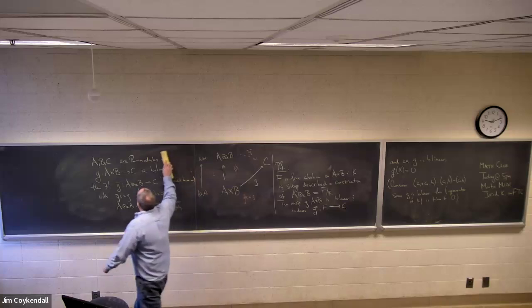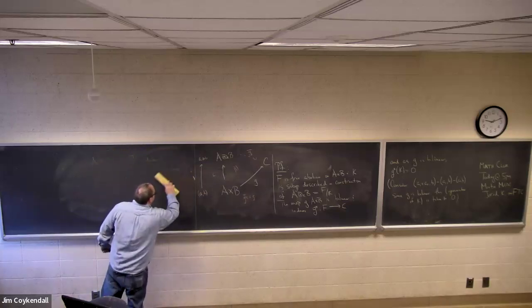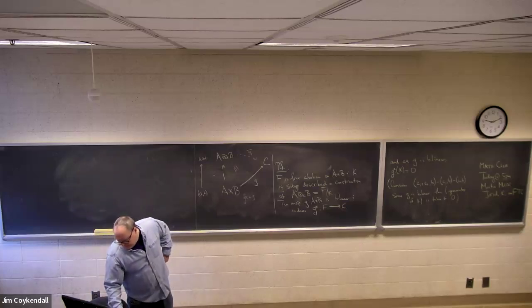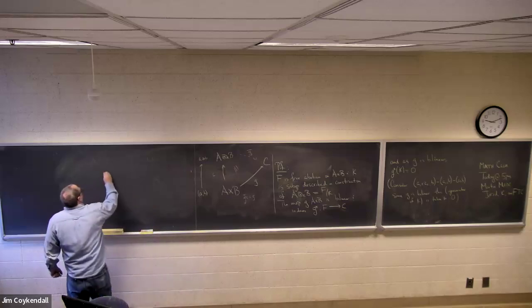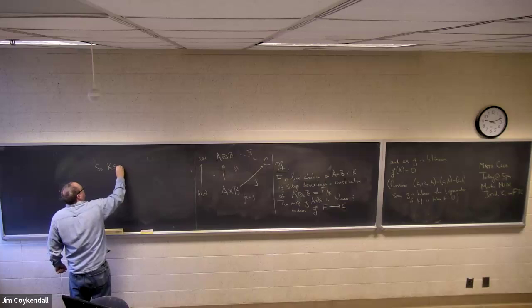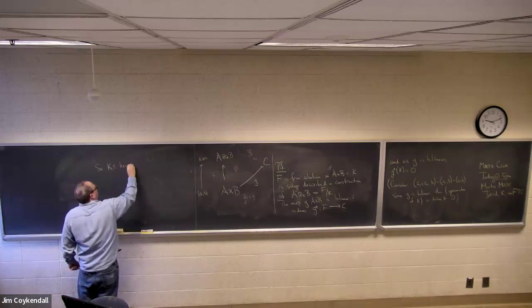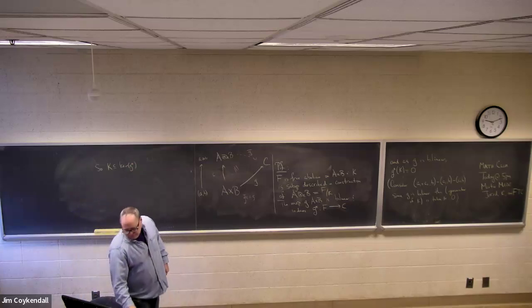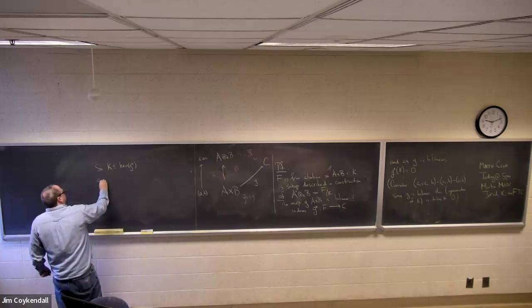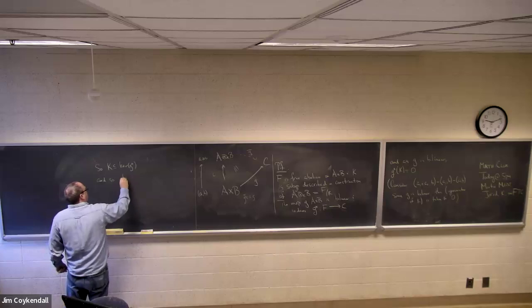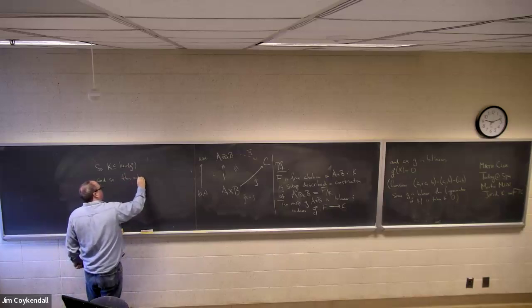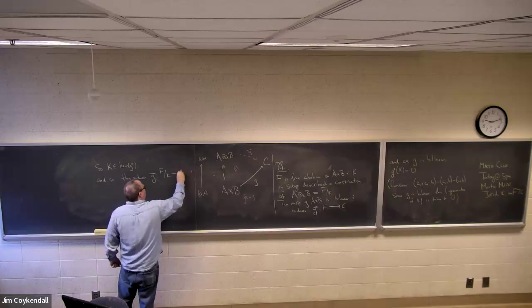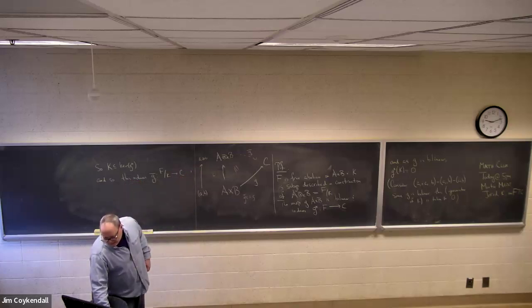And so, what does this mean? It means that K is contained in the kernel of g star. And so this induces, say, g bar from F mod K to C. And of course, F mod K is the tensor product.